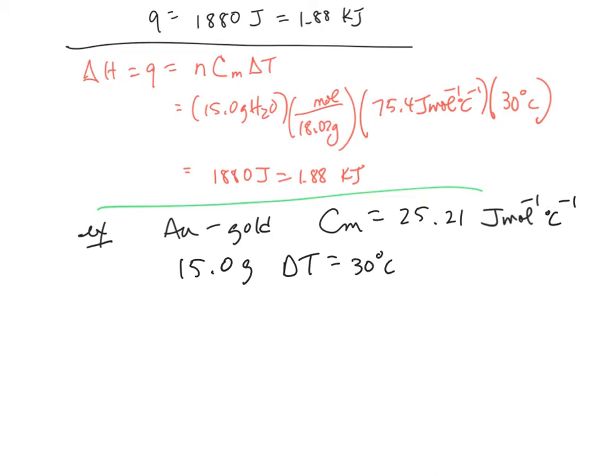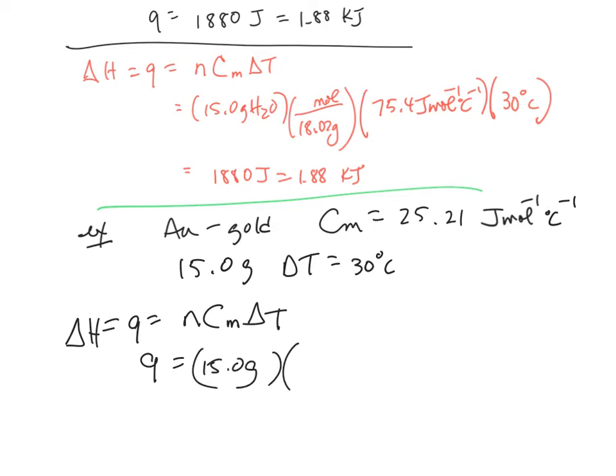So everything's the same: the mass is the same, the temperature change is the same, but the material is different. So Q, that's equal to delta H. Q is equal to n times Cm delta T. Q is equal to 15 grams times, well, we've got to get rid of the grams and go to moles.